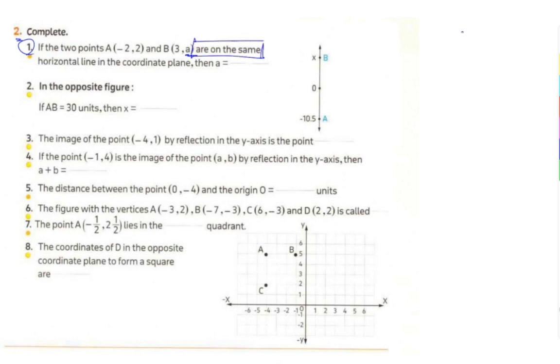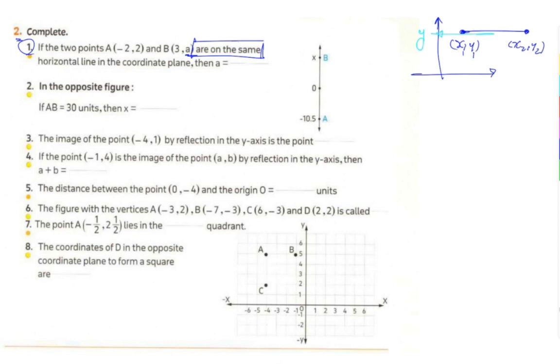When you have 2 points (x1, y1) and (x2, y2) on the same horizontal line, that means these 2 points have the same y coordinate.